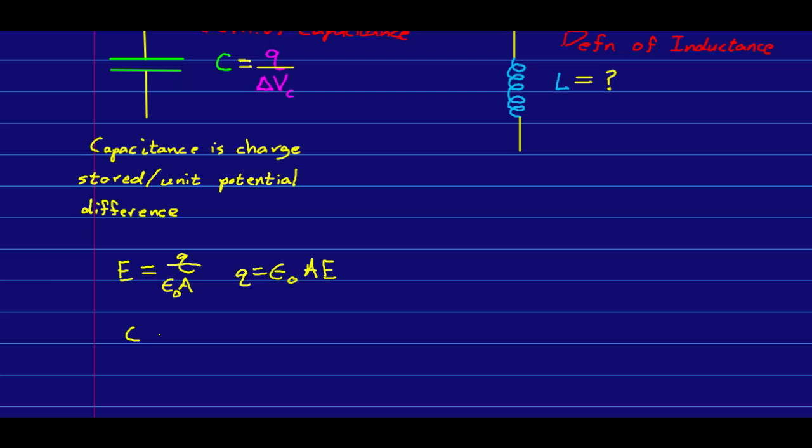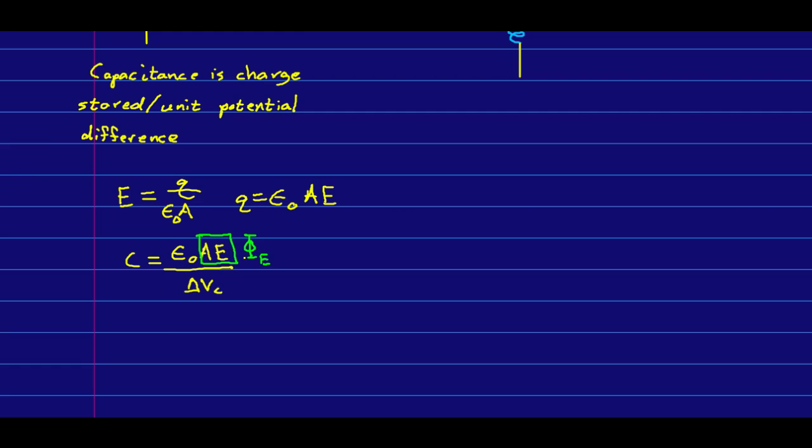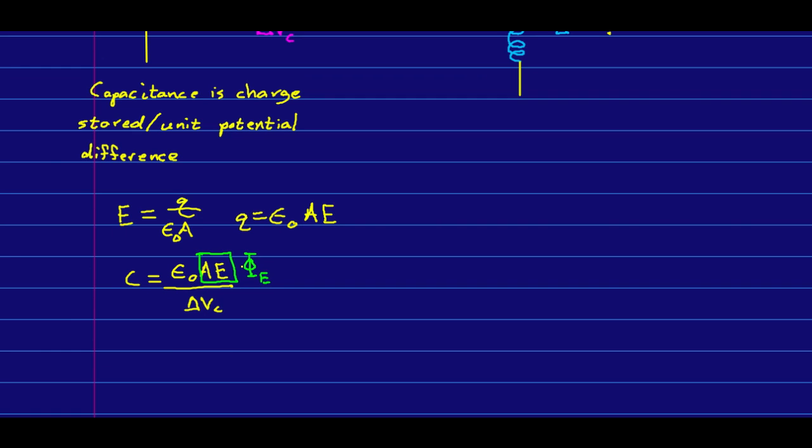And so capacitance could also be written this way, but this quantity right here is the electric flux inside the capacitor. And so you could, other than this constant of epsilon naught here, look at capacitance as stored electric flux per unit potential difference across the capacitor.